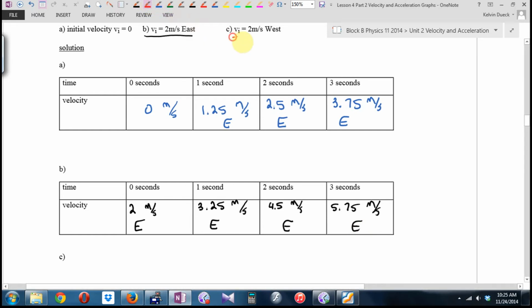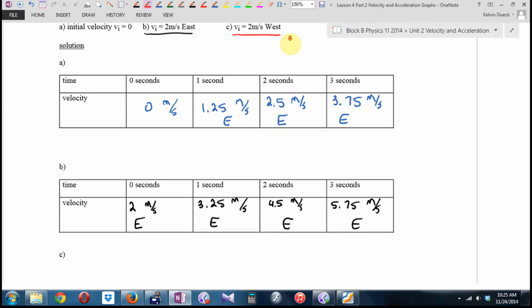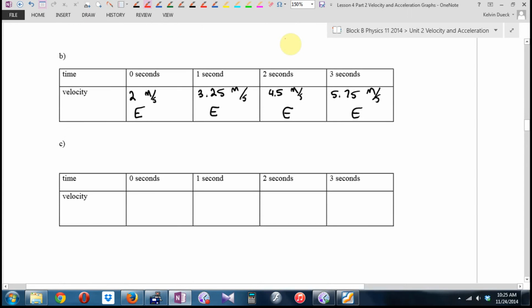C says, now let's start out going 2 meters per second west. You know what? This whole east and west thing, putting a big capital E, has been very nice, but there's a much more convenient way mathematically to show east and west. How? Instead of writing 2 meters per second west, I'm going to say my initial velocity is negative 2 meters per second.